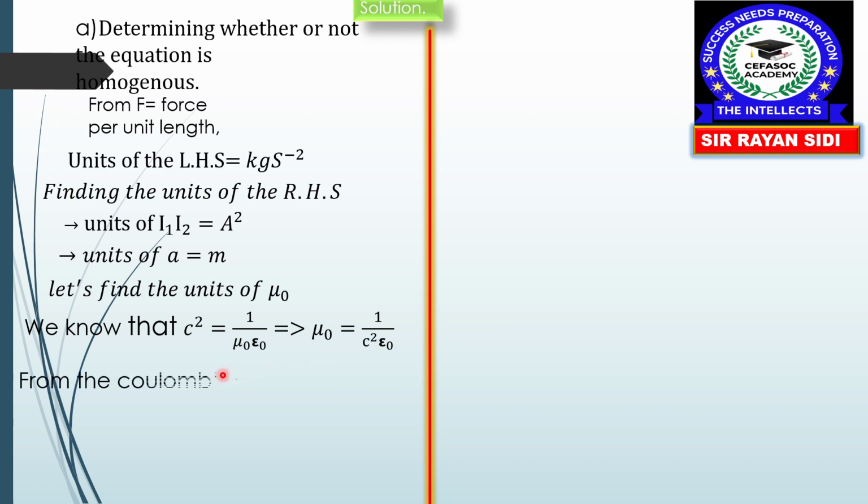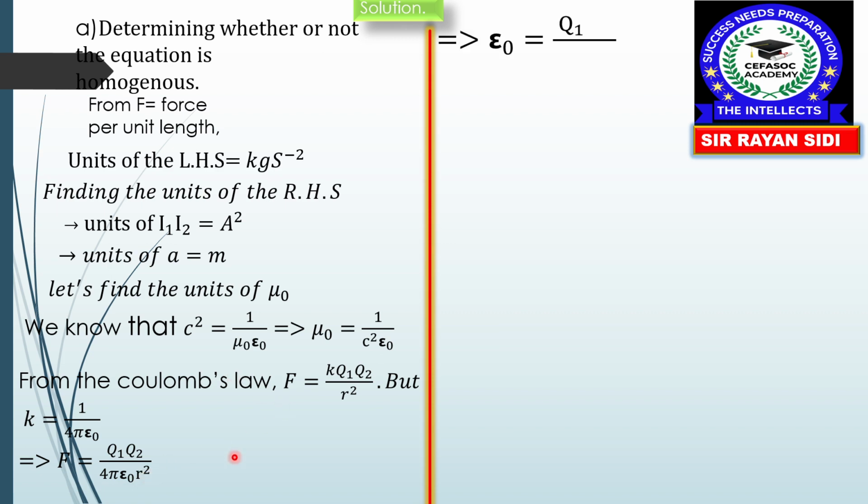From Coulomb's law, F is equal to K Q1 Q2 over R squared, but K, the Coulomb constant, is 1 over 4 pi epsilon naught. So our force will be Q1 Q2 over 4 pi epsilon naught times R squared. So epsilon naught will be Q1 Q2 over 4 pi times F R squared.